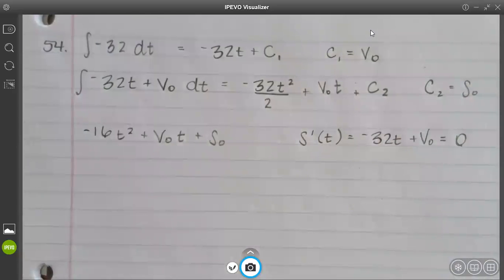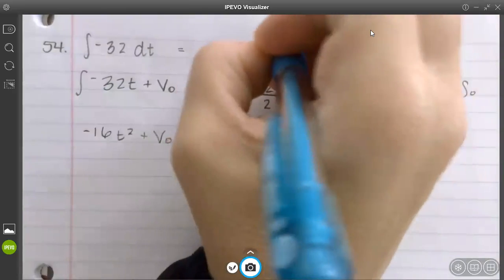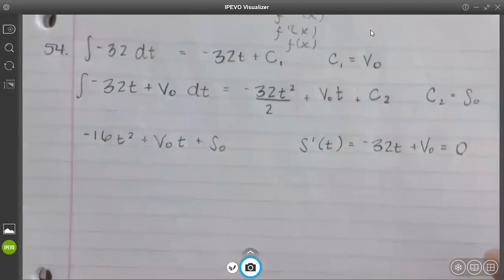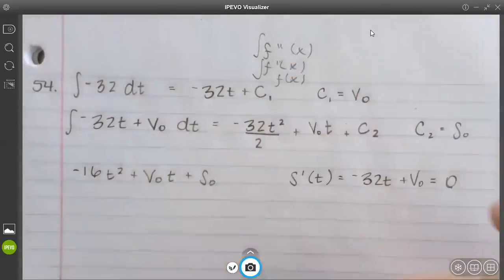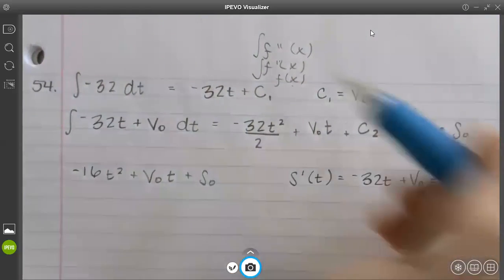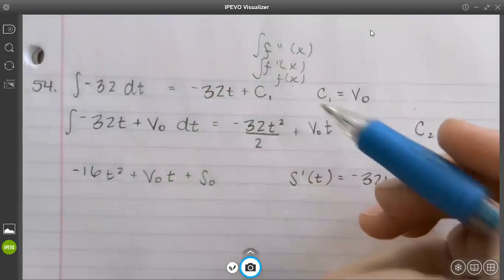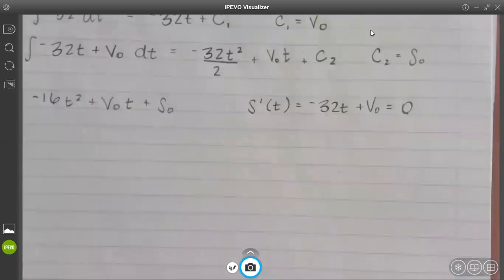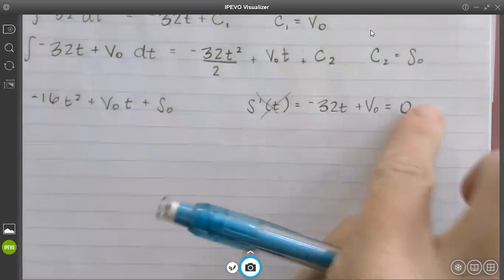Okay, so to go from f prime x to f of x, you have to differentiate this, and you have to differentiate this to get there. So they do not stand for the same thing, but you have to work one to get to the other. It's like we're going backwards now. All right, so if I solve this, this is gone now because I've set it equal to 0.